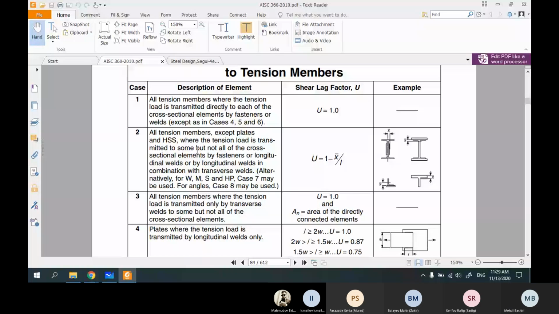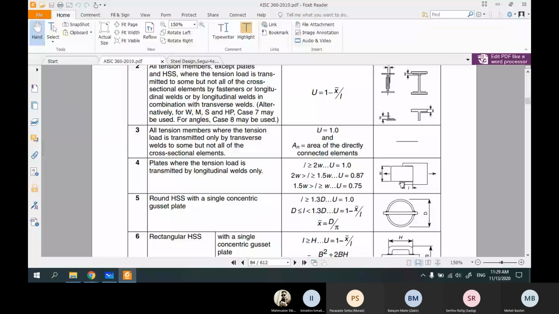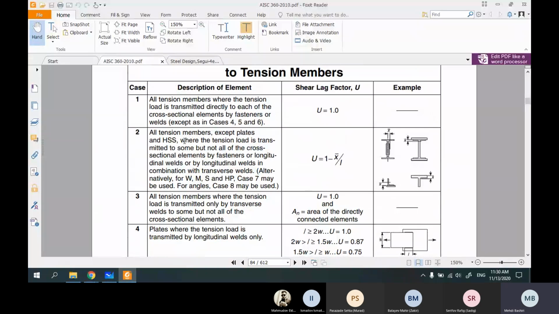For example, let's have a look at this one. Plates where the tension load is transmitted by longitudinal bolts only. Okay, I told you here, for example, let me show you here, fasteners. What was the meaning of fastener?